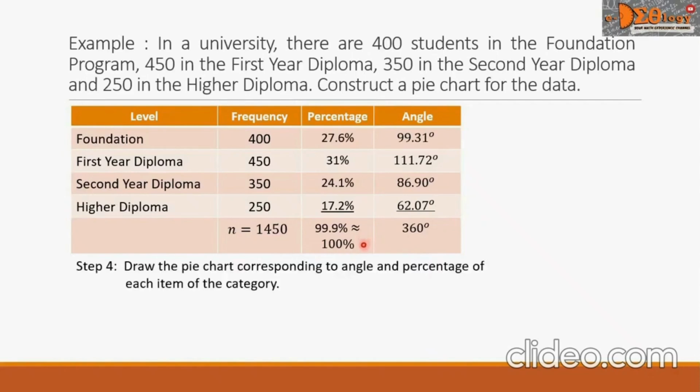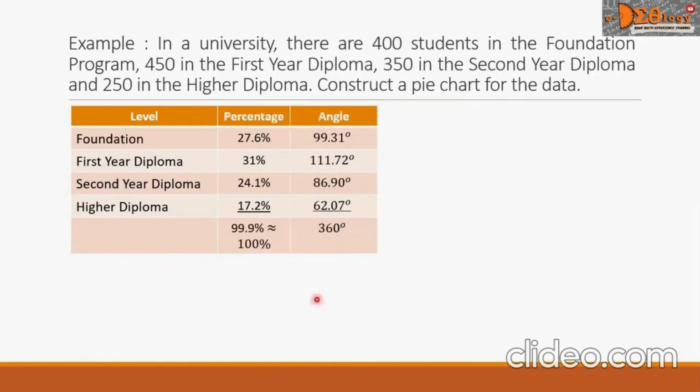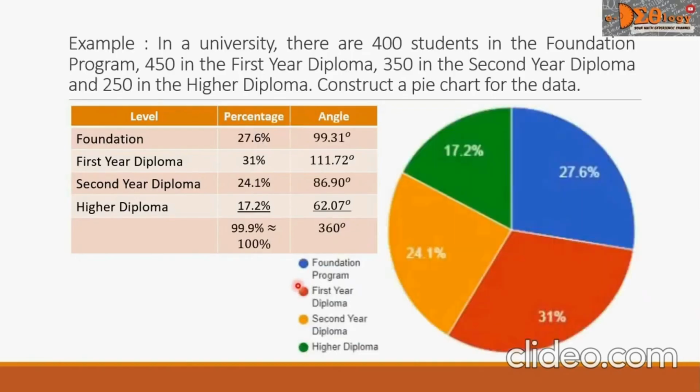Now, let us go to step 4. Draw the pie chart corresponding to angle and percentage of each item of the category. So let us minimize our table because we are going to draw the pie chart. This is the finished product, or the pie chart of this example.